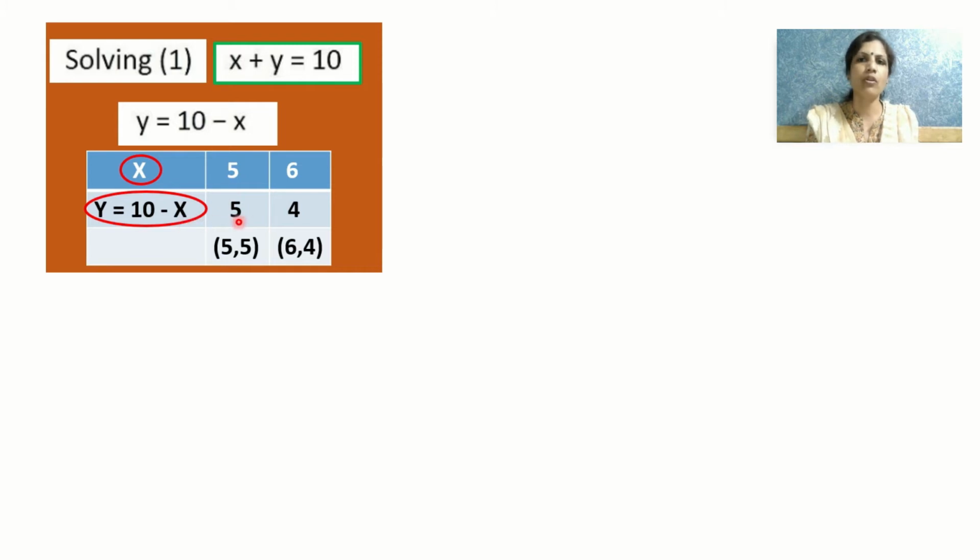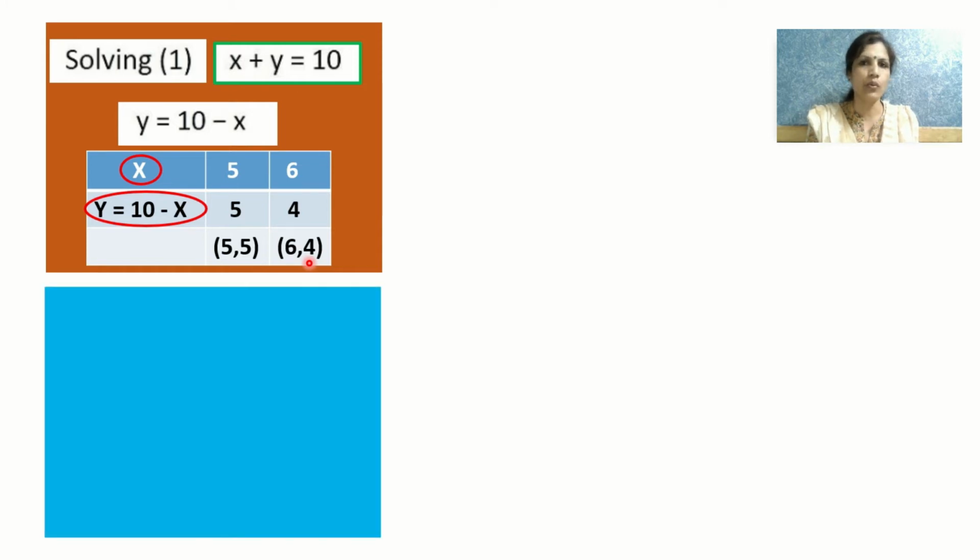So our first coordinate is 5, 5. Then we are substituting x is equal to 6. If you substitute x is equal to 6, we get the value of y as 10 minus 6, which is 4. So the second coordinate is 6, 4. Now it is more than enough to find two coordinates to draw a line passing through them. So we'll move to the next equation.